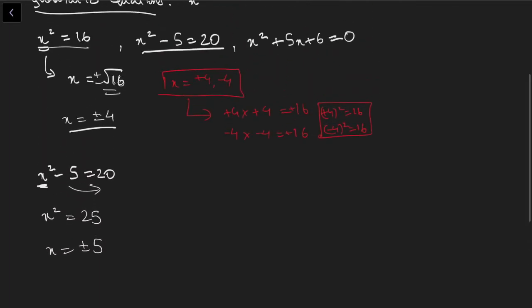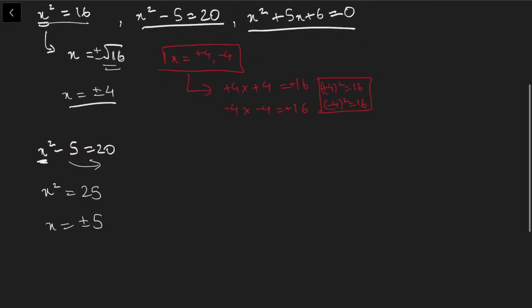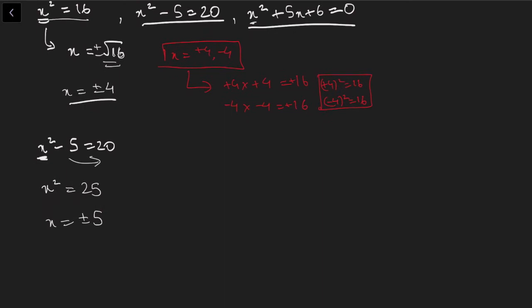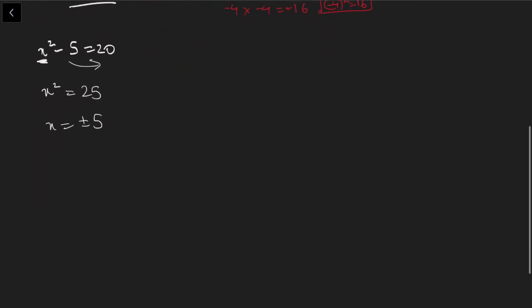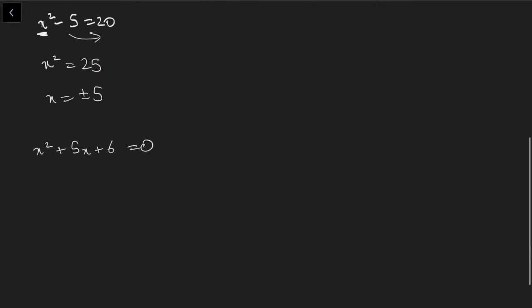Now let's take the last type of quadratic equations, which has both the x squared and x. So here we have x squared plus 5x plus 6 is equal to 0. Now in this scenario, what we usually do is split this term as a sum or a difference of the product of this constant term and the coefficient of x squared.